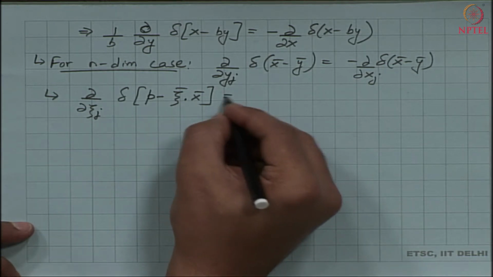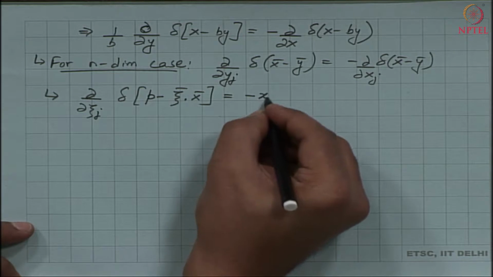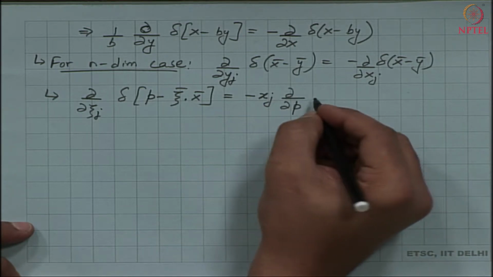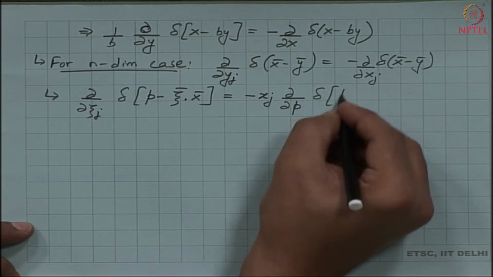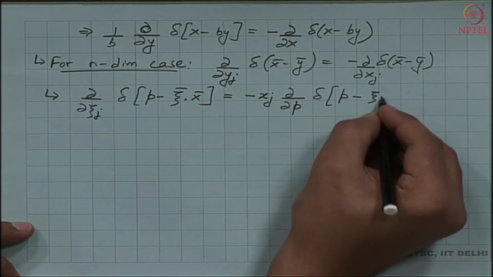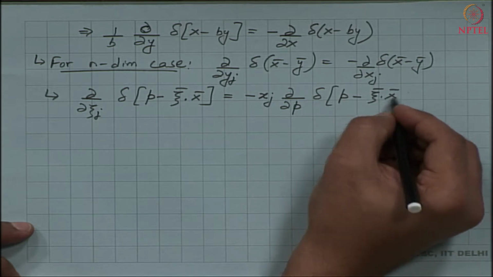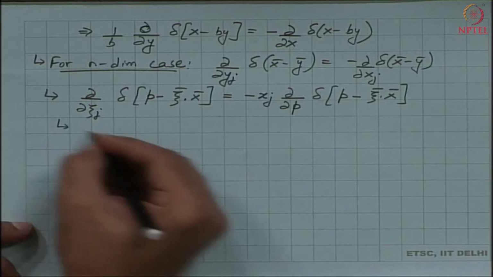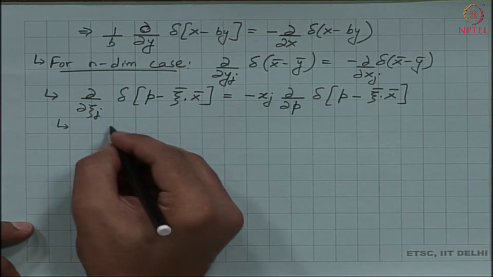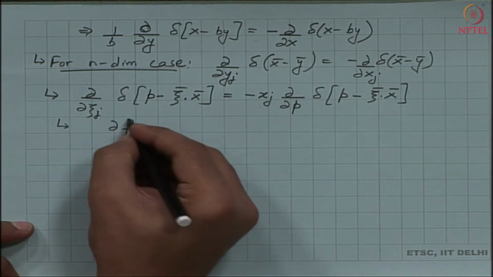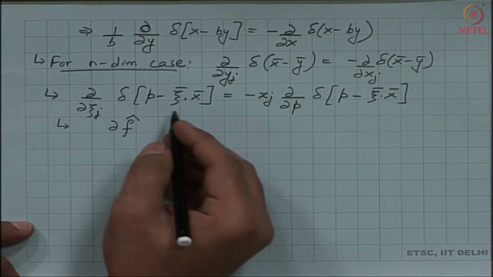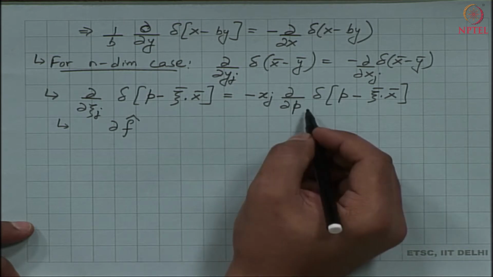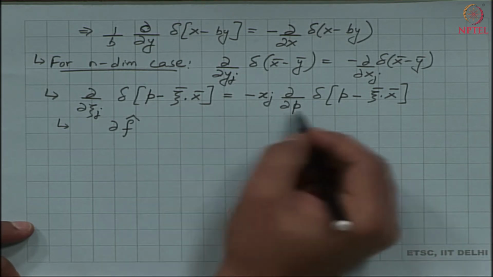This is also equal to negative the derivative of the delta function of p minus chi dot x. Notice that this property follows right away from my derivative property of the delta function.